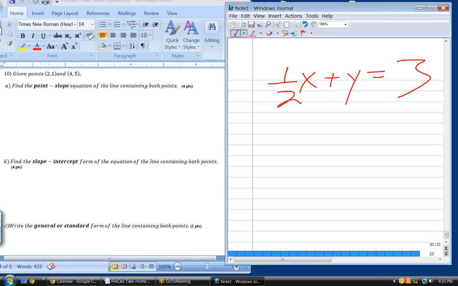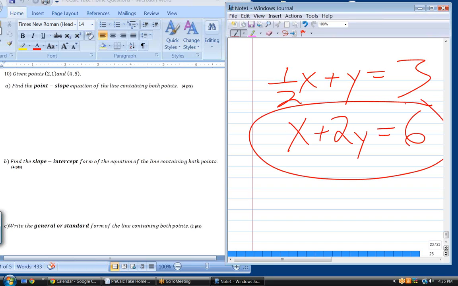So I would want to multiply left and right side by 2 to get x plus 2y equals 6. That's standard format. It's the same equation. Understand that it's not a different equation. It's the same equation, but it is all integers, no fractions.